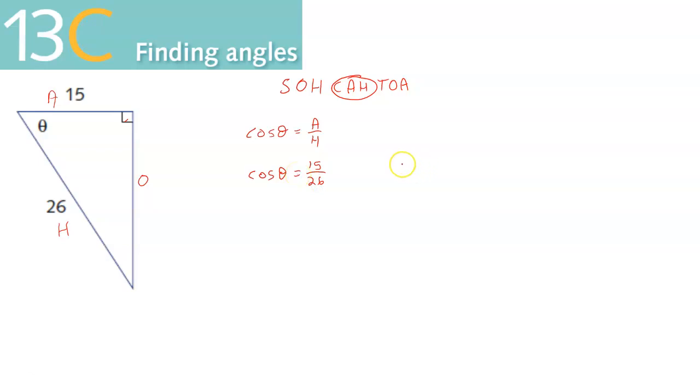Now, if I had an equation like this, what I would do to solve for x is I would do the inverse operation of multiplying by 4, which is dividing by 4.